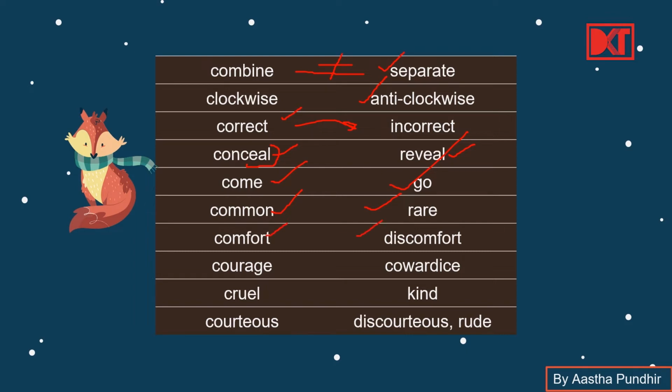Comfort and discomfort. Courage and cowardice, cruel and kind, courteous the opposite of discourteous or rude. Alright, these are a few antonyms. They are the opposites of each other, which means what combine means is the opposite of what separate means, and so on and so forth.